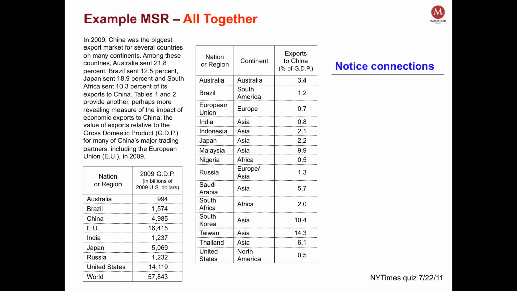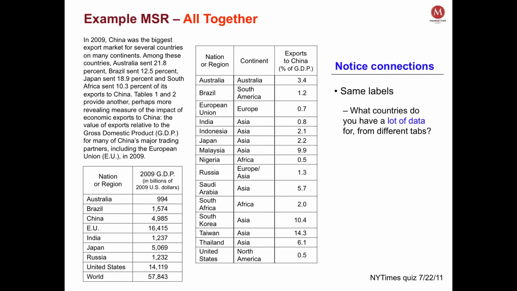This is all about finding connections, what we call finding the story in the data. And this is very similar to what you'll do when you do case analysis in business school. You'll have all this disparate data, and you have to pull a story out of it. Some of your data will be in tables, some of it will be in text. And you want to look, well, where are the connections? What can I figure out?